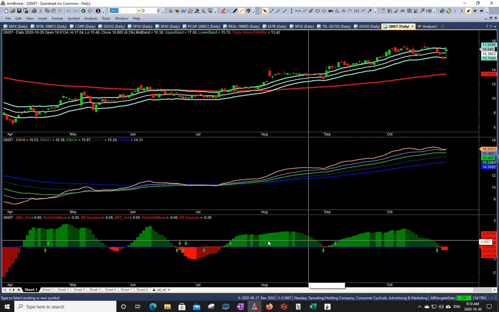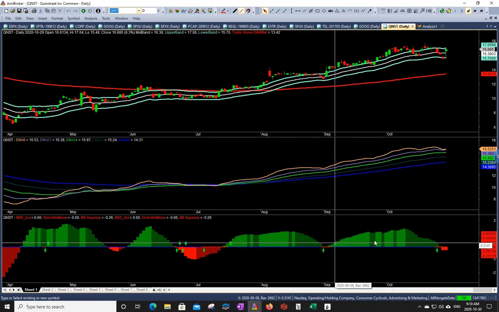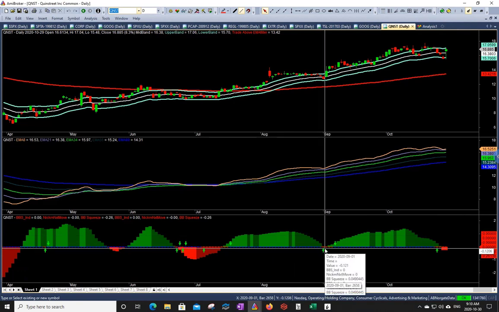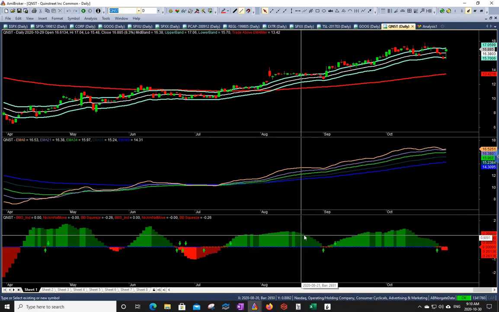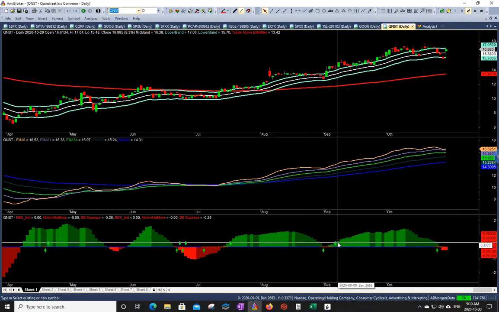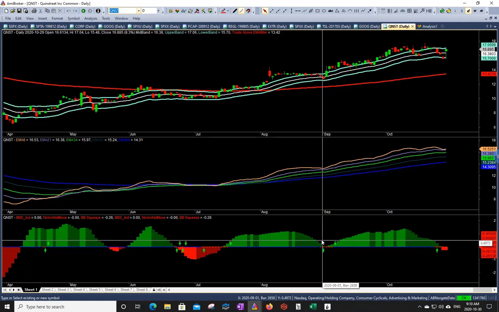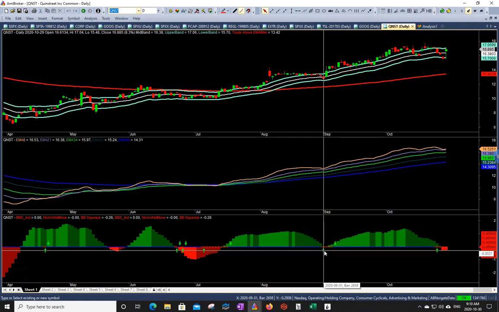Then what we're looking for is this indicator here. This is a squeeze indicator, and it measures the relationship between the Bollinger Bands and Keltner channels. When the Bollinger Bands, which expand widely with volatility, are contracted inside the Keltner channels, this squeeze indicator will tell you that the market is pretty quiet.